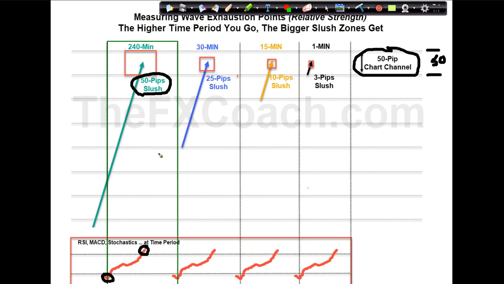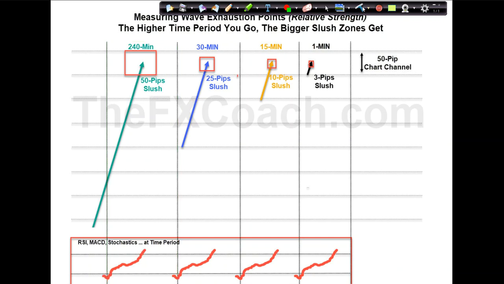That's the degree of accuracy it's going to have. This is why when you trade 4-hour waves, you've got big fat stop losses, because the slush is too big. The indicators lag, and it's not just a lag, it's a scale thing.